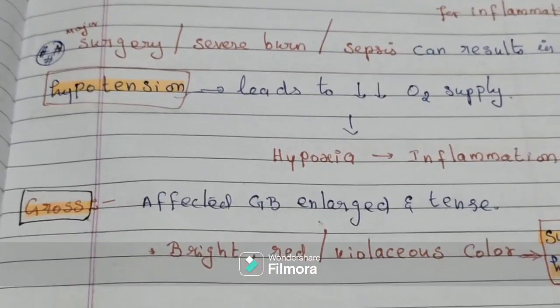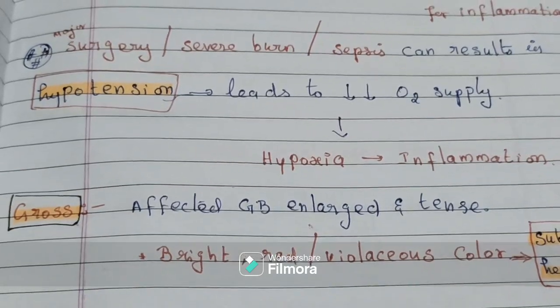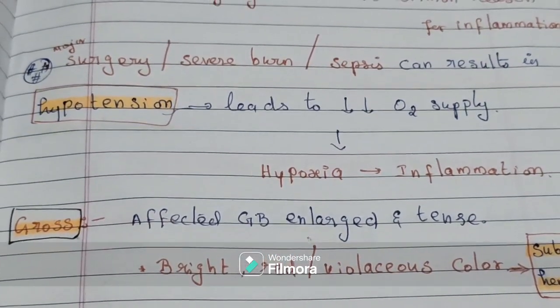Now, how does the gallbladder in acute cholecystitis look?